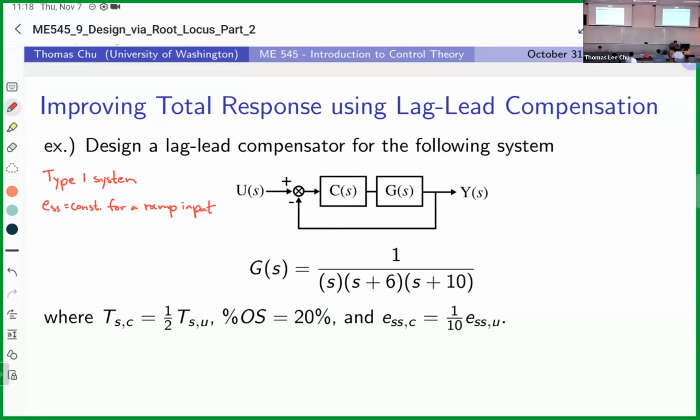And we want to reduce the settling time by half with 20% overshoot and reduce the steady state error by 90%, so 1/10 of the original system. We will do that on Monday.